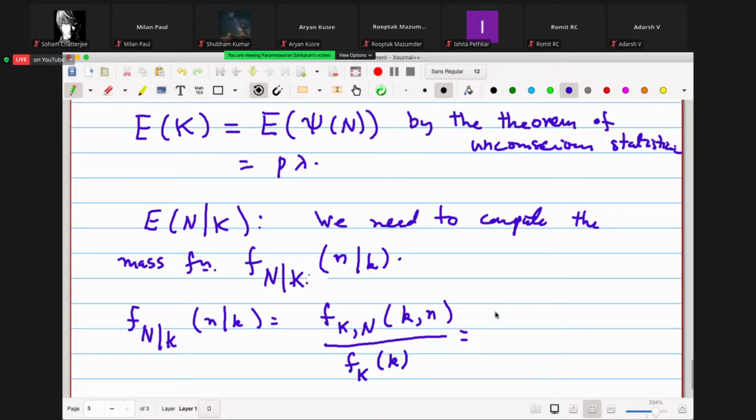So this is equal to the probability of K equals k, N equals n, divided by the probability of K equals k.